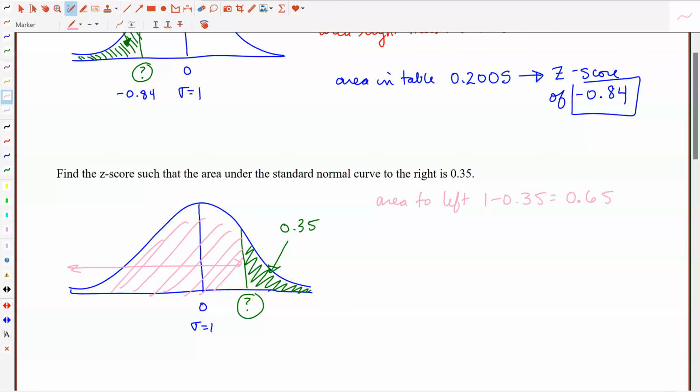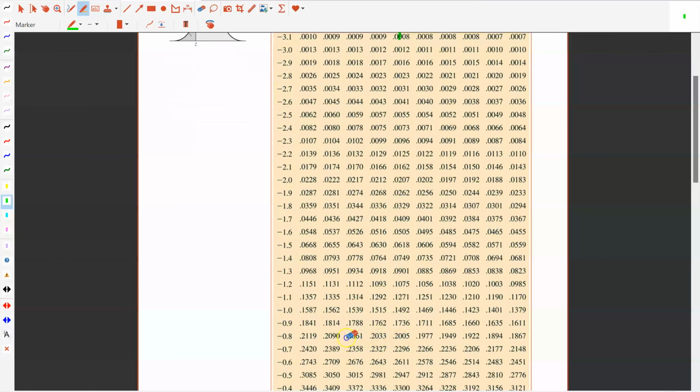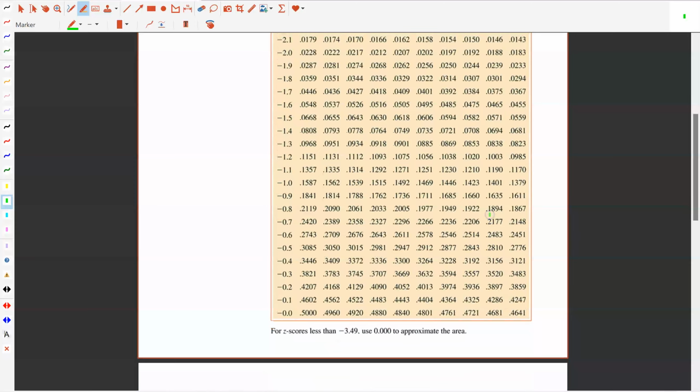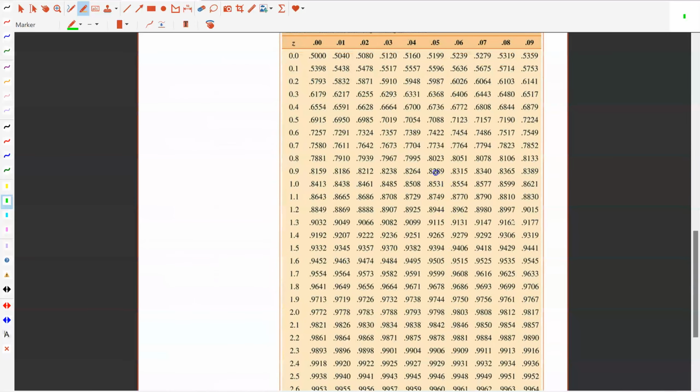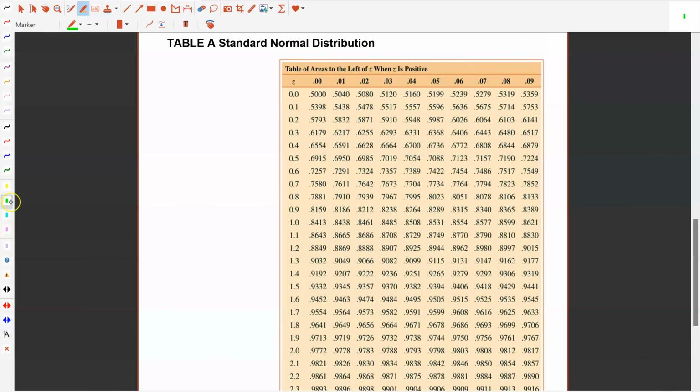All right, so again, to the table. And once you start looking in the center of the table and you try to find an area of 0.65, you're not going to get it as you're looking at these negative z-scores anyway. So come over here to these positive z-scores, and remember that we're trying to find 0.65. So then we would just start scanning through all of these numbers until we could find 0.65, or the closest we could get to it.